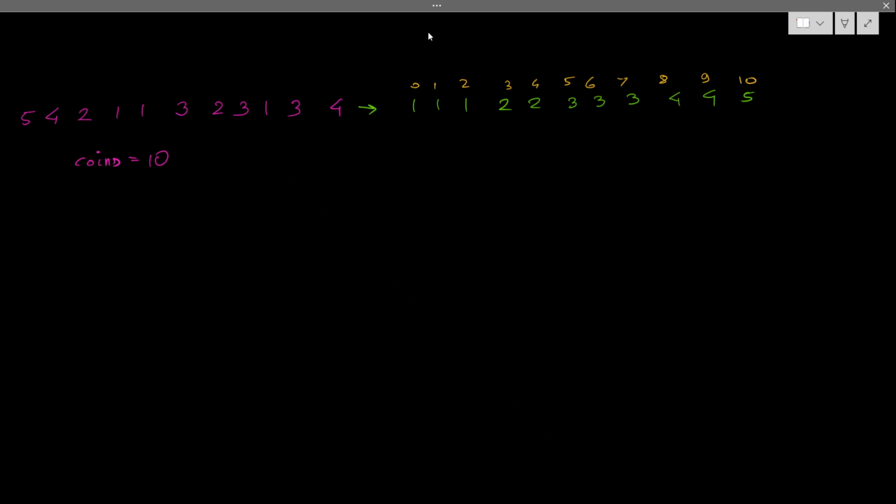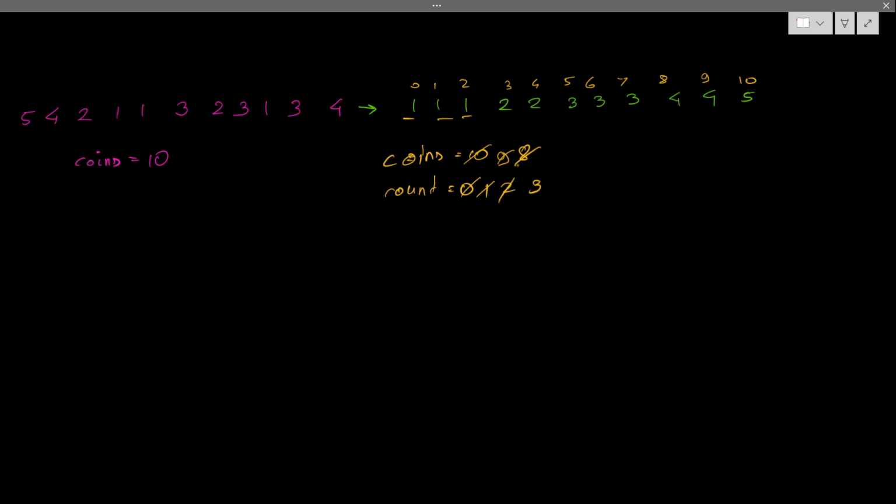So in our previous case, let's see what the answer will be. Coins is right now 10, and my count is initially 0. Let's see what the answer is in our previous approach. So 3 is there, I can buy 1, count 1, and reduce, it becomes 7.